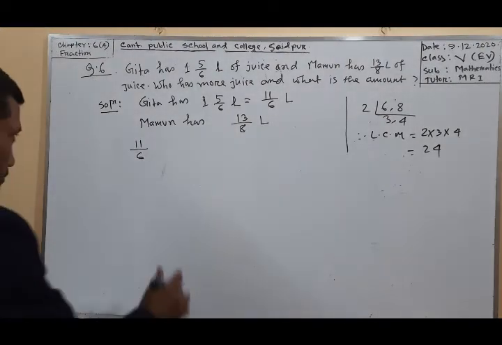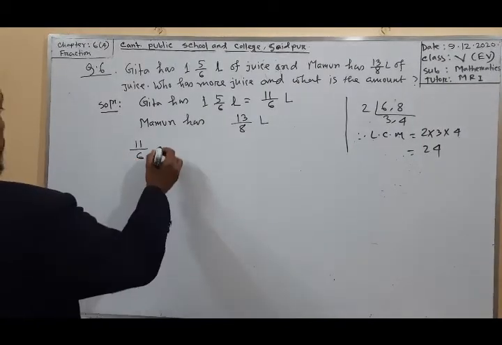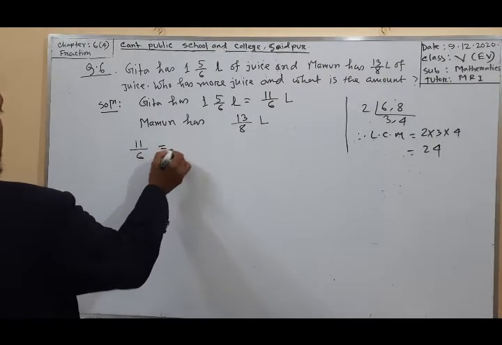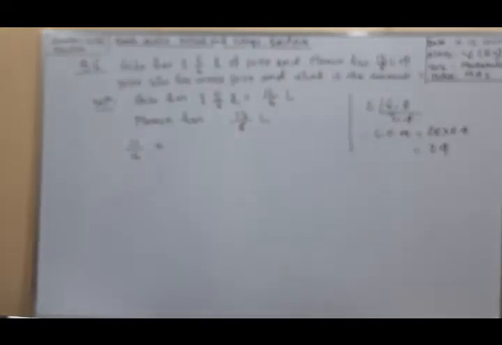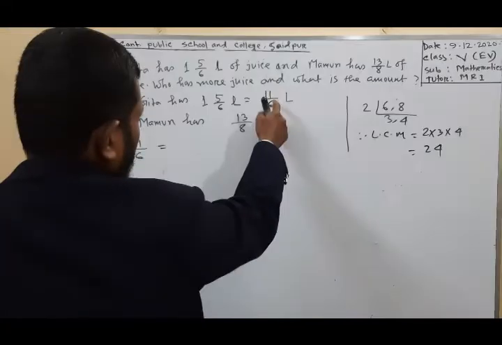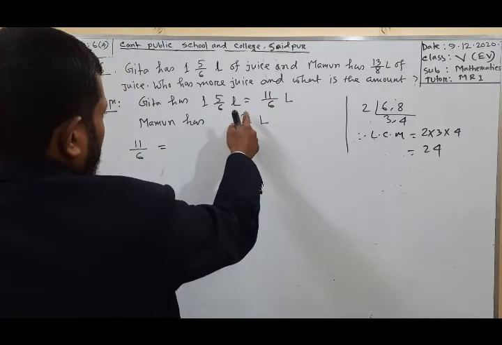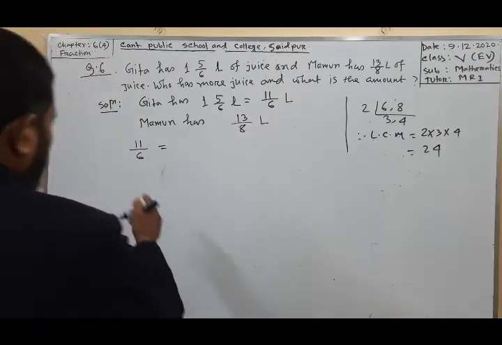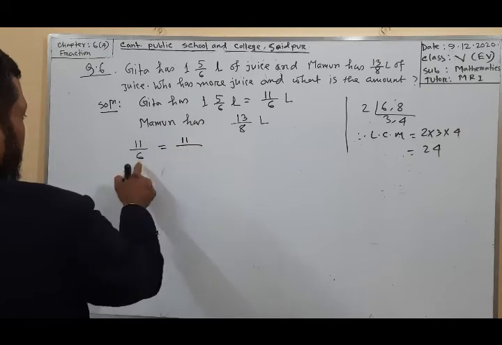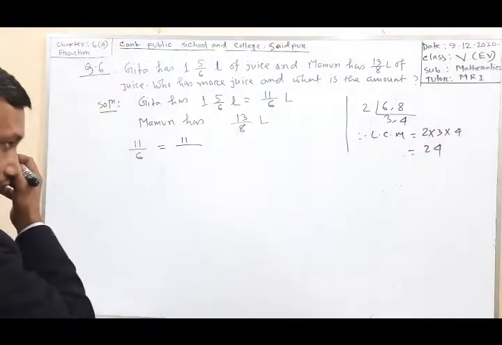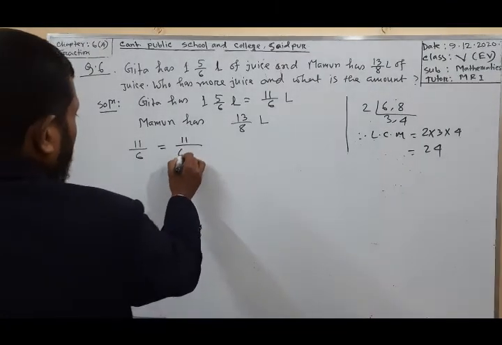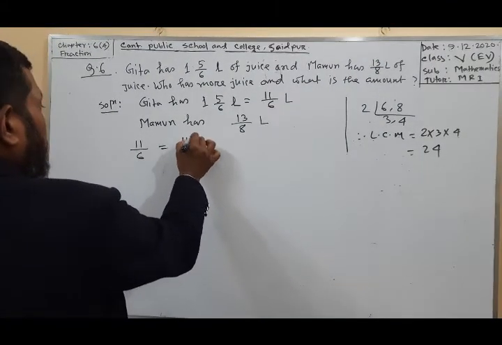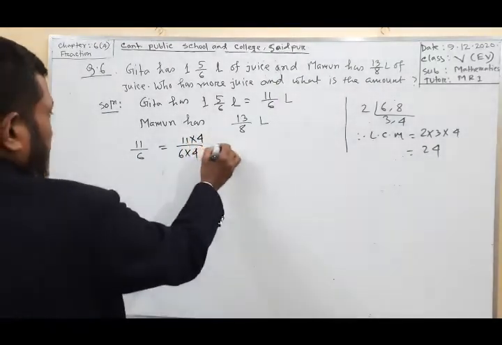So 11 by 6, here the denominator is 6. We want to make equal denominators for 11 by 6 and 13 by 8. What number is needed to make 24? 6 times 4 is 24, so multiply numerator and denominator both by 4.